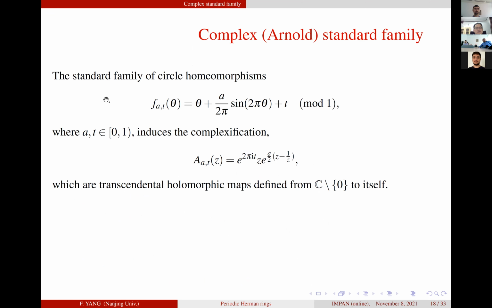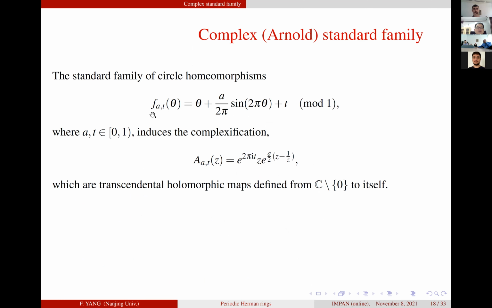The standard family of stadium holomorphic maps, F_{a,t}. This can be seen as a perturbation of the translation theta by t, and this is the perturbation term.